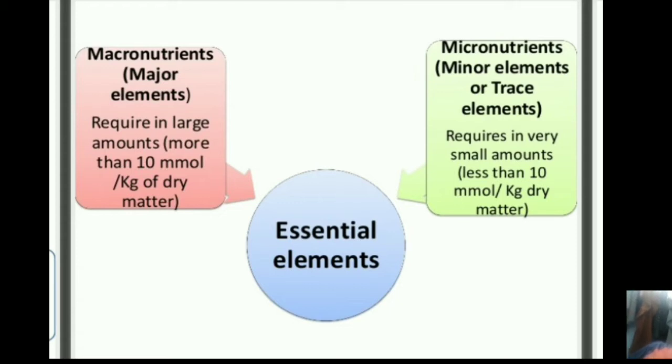Whereas the micro elements, which are treated as minor elements or trace elements, are required in very small amounts, that is less than 10 millimoles per kg of dry matter. Okay, so these are macro and micronutrients.